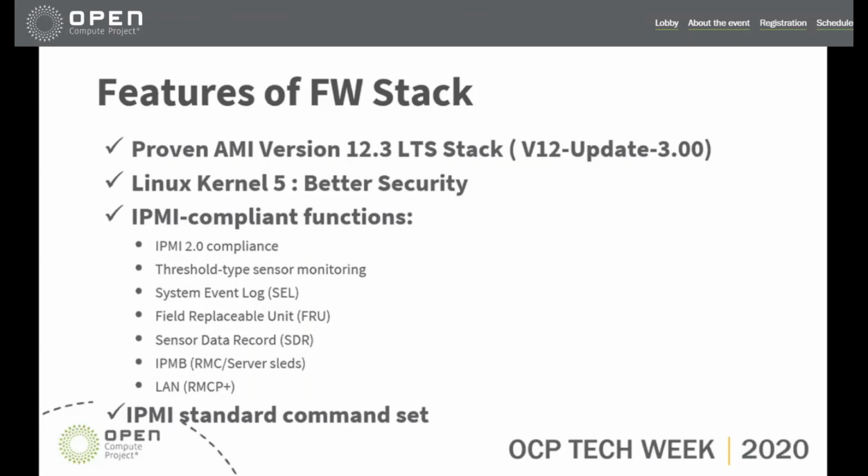The RMC uses a dedicated NIC-based network to provide an interface of IPMI messaging over LAN with the IPMI 2.0 messaging protocol. RMC LAN supports the RMCP Plus protocol as well, and we also support standard IPMI command sets.